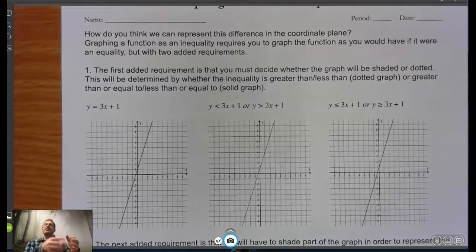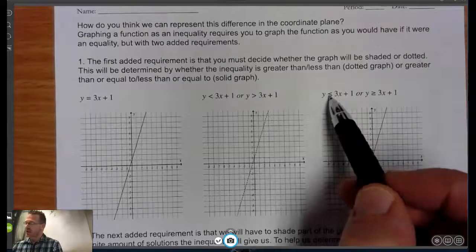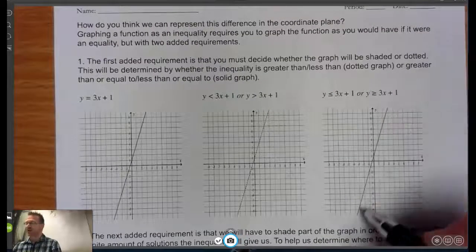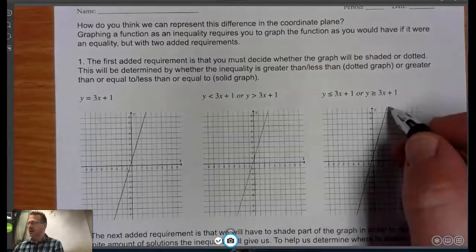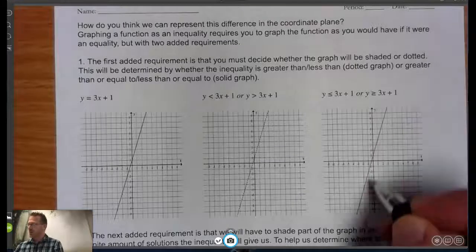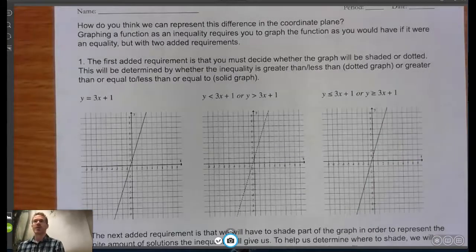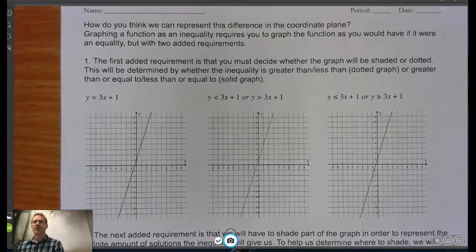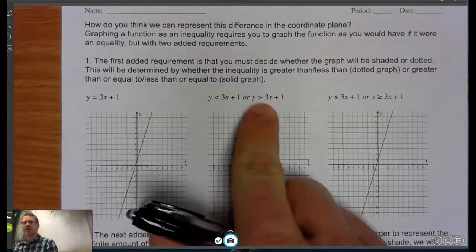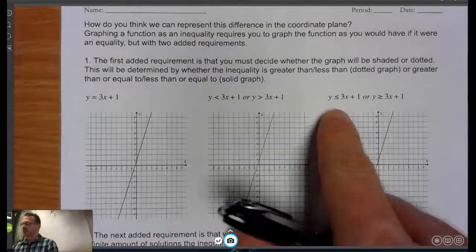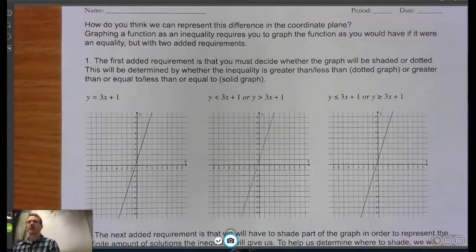Those will not make that inequality true. When we have less than or equal to or greater than or equal to, we have a solid line, so we graph it just like normal. That tells me I get to include all the points on the line. So the first thing we ask is: do we have a solid line? Do we get to include the points on the line in the solution set or not? Less than or greater than, dotted line. Less than or equal to, greater than or equal to, solid line.